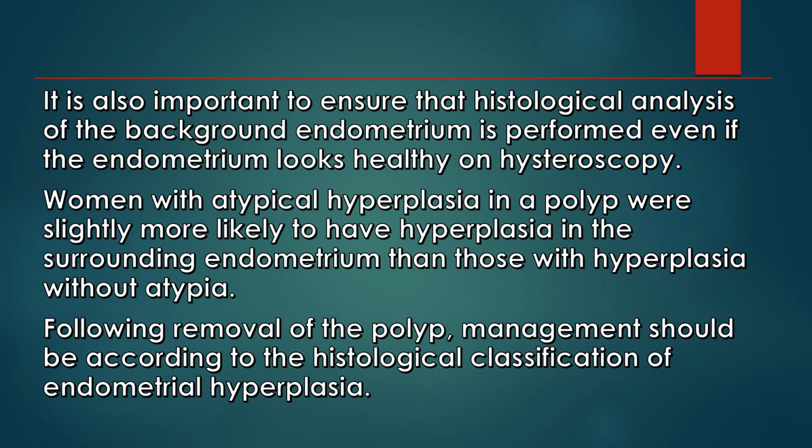Women with atypical hyperplasia in a polyp were slightly more likely to have hyperplasia in the surrounding endometrium than those with hyperplasia without atypia. Following removal of the polyp, management should be according to the histological classification of endometrial hyperplasia.